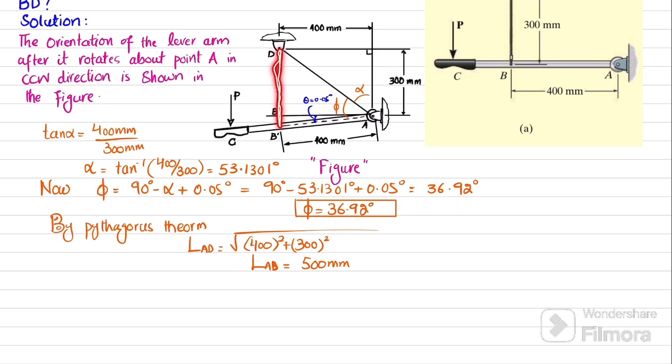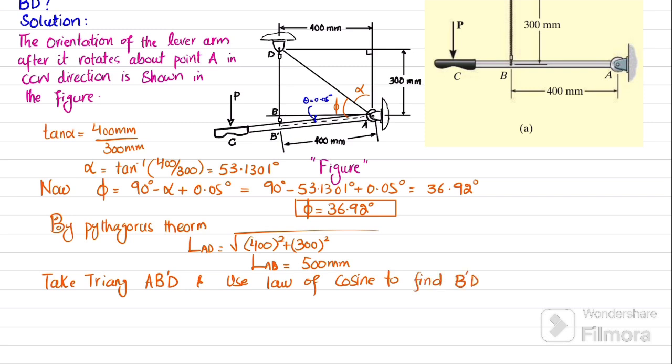This is the length of B dash D. Now we will take triangle AB dash D and use the law of cosine to find the length of B dash D.